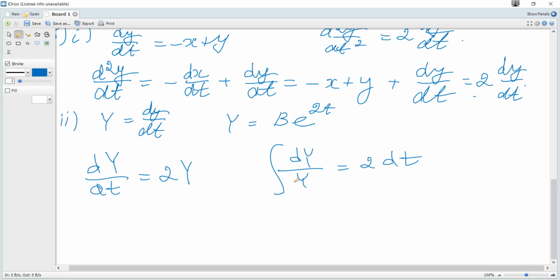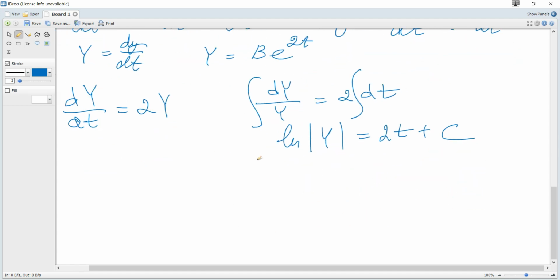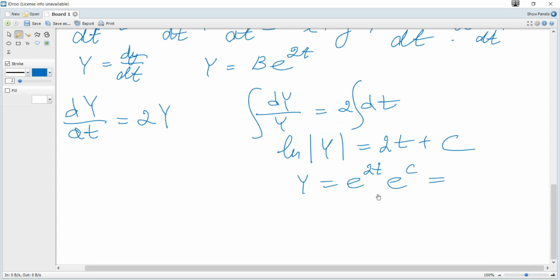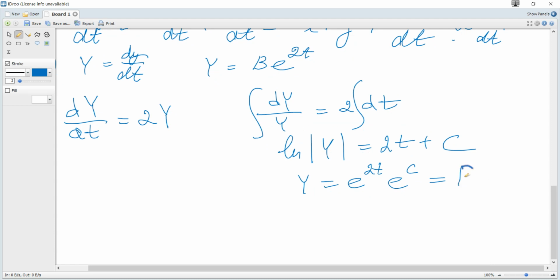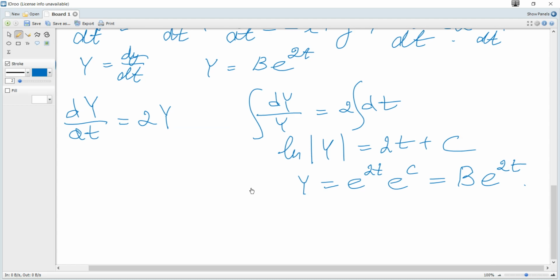Integrating both sides we get ln|Y| = 2t plus a constant, and hence Y is e^(2t) multiplied by e^(some constant), which is another constant, let it be b, so it's b e^(2t), as required.